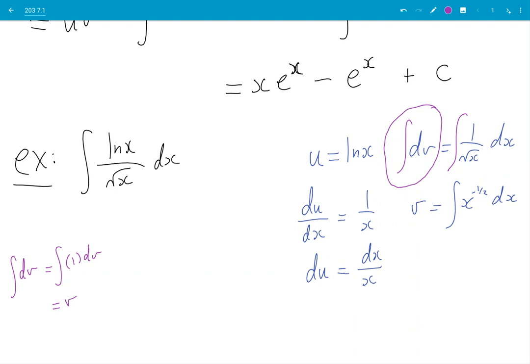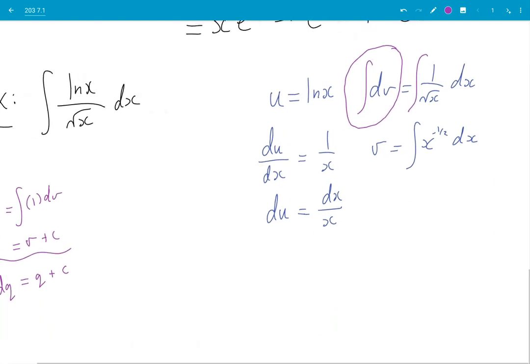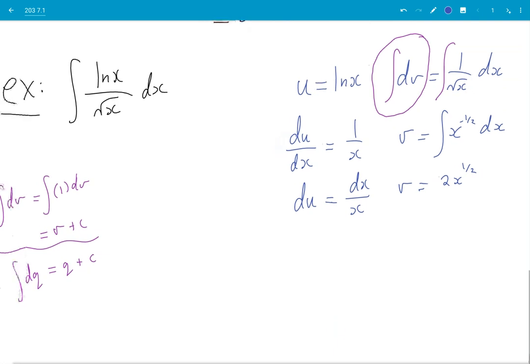So it's just going to be a v, right? If I had the integral of dq, that would just be q plus c. Okay, so v is 2x to the 1/2.